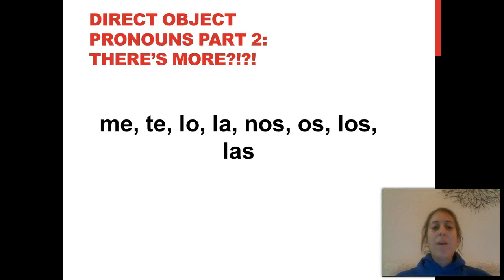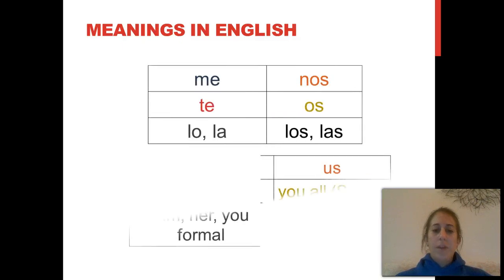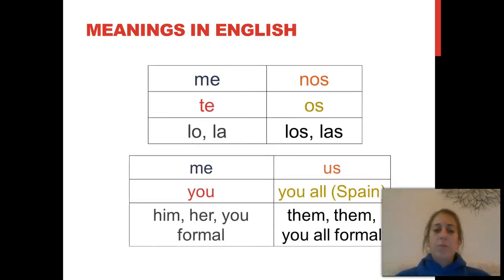We can also have people as our direct objects. So here's our meaning in English. The first column, these are all of our direct objects: me, te, lo, la, nos, los, and las. And here's what they mean when we're talking about people. Me would be me. Te, you.